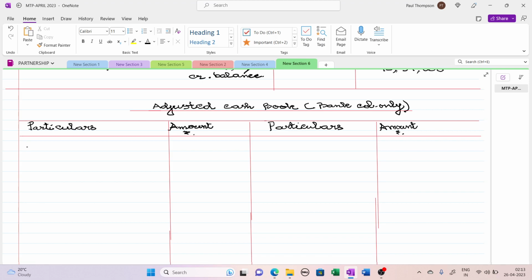Balance given is the cash book. I am taking only the bank column. Balance given is debit balance. Debit balance means favorable balance. Balance brought down is 8 lakh. You will find this one more easier. 8,24,400.